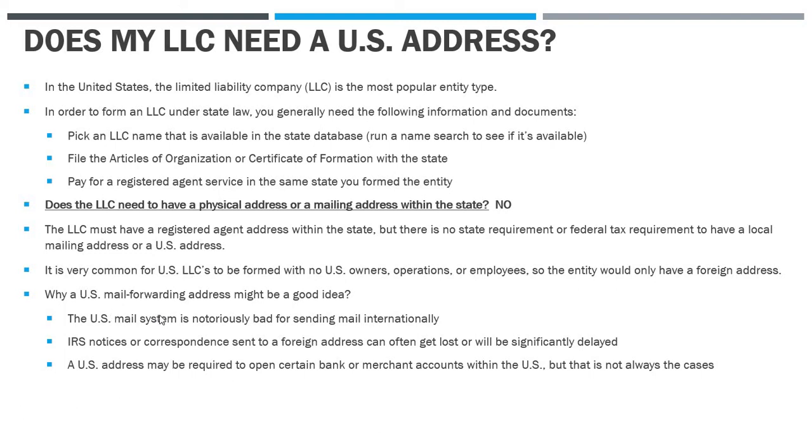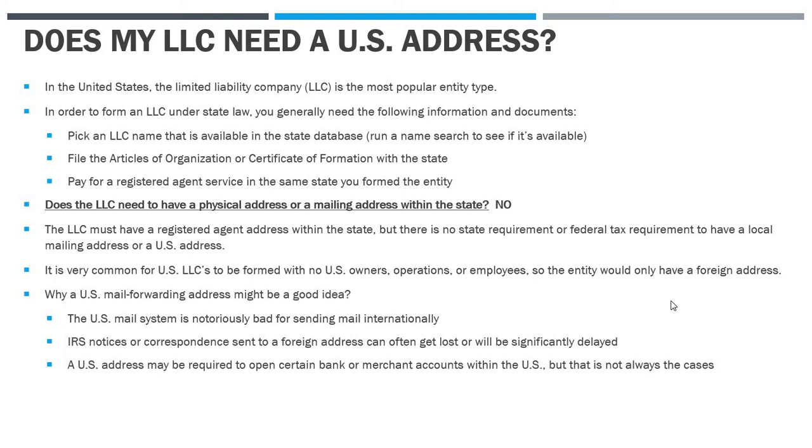One of the reasons why I recommend U.S. mail forwarding, there's a couple, and I've listed three. The U.S. mail system is very bad at sending mail internationally. So if you use a foreign address on, let's say, your tax return or bank statements, and they try to mail you something to a non-U.S. address, it might get there, it might get there eventually. It could be delayed because there's a lot of rerouting, or it could just flat out be lost.